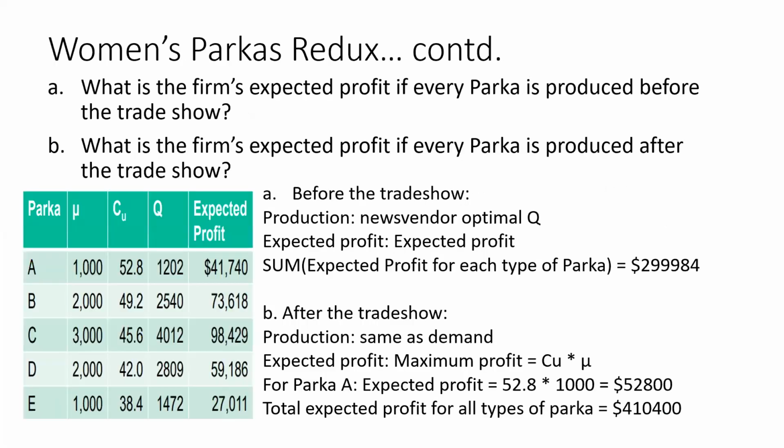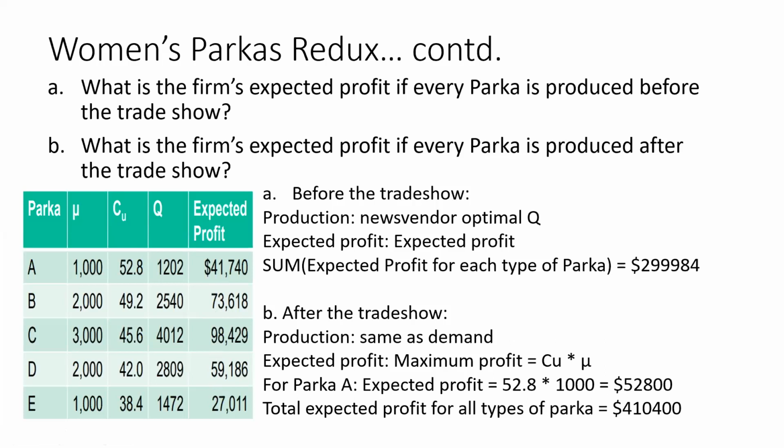The first one: what is the firm's expected profit if Aripaka is produced before the trade show? Before the trade show, the firm's expected profit is the newsvendor model expected profit. So it's basically the sum of those expected profits A, B, C, D, E. So the total is this number, 299984.